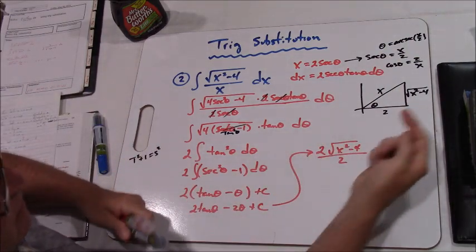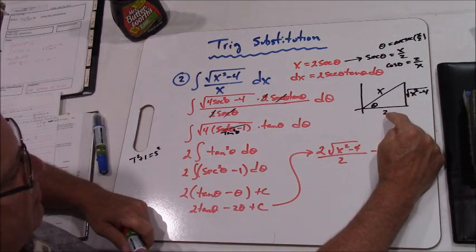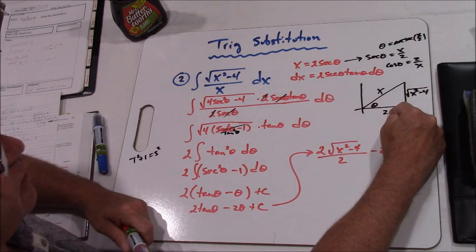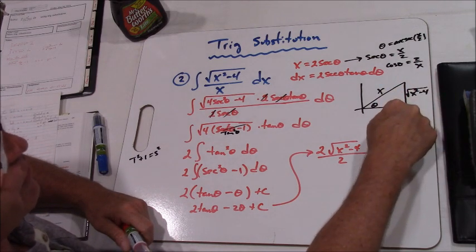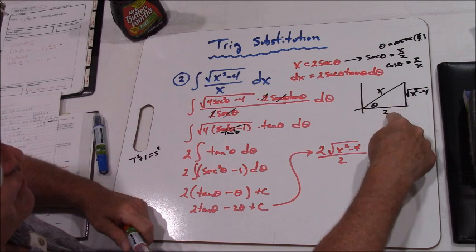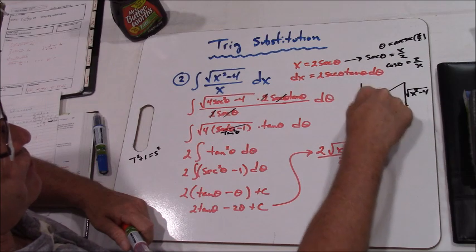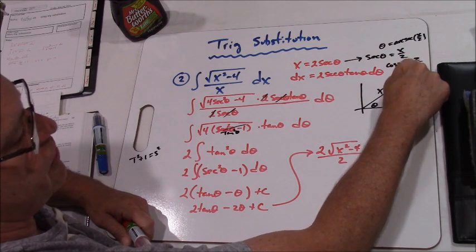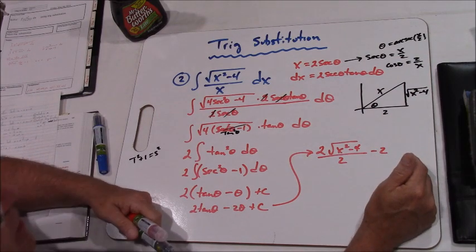Now, I could go back and look at this and say, well, the tangent is this over this, so let's do arctangent of this over this. Or I could say cosine is adjacent over hypotenuse, so I could do arccosine of this right here. There's a lot of different things.